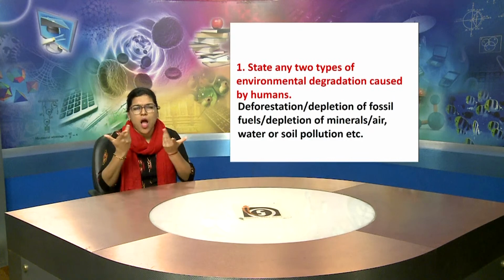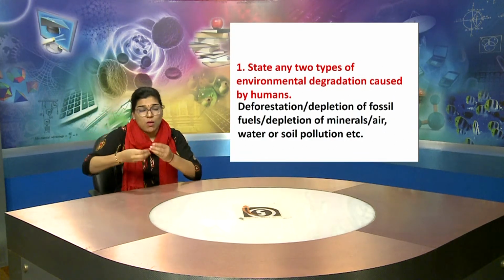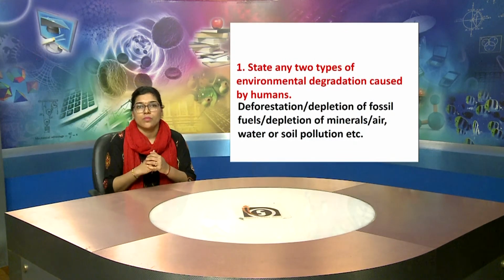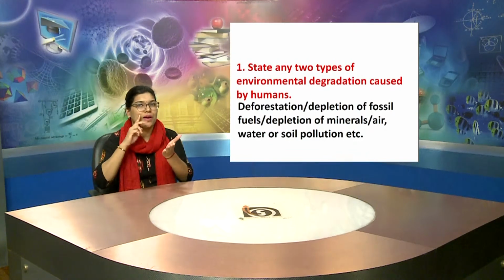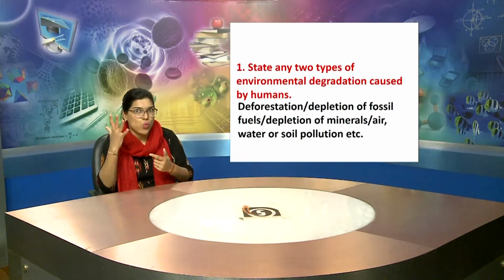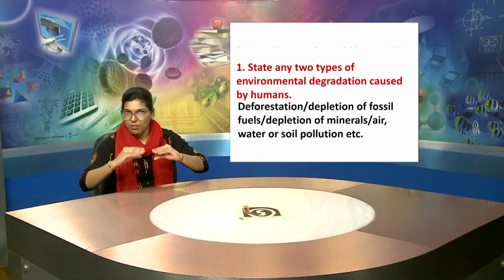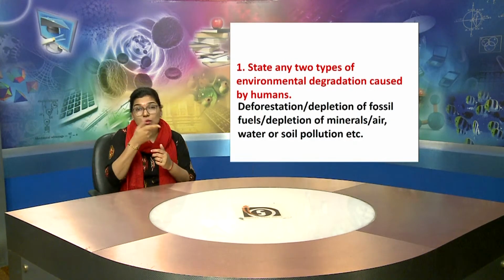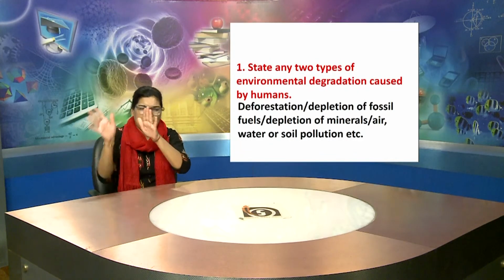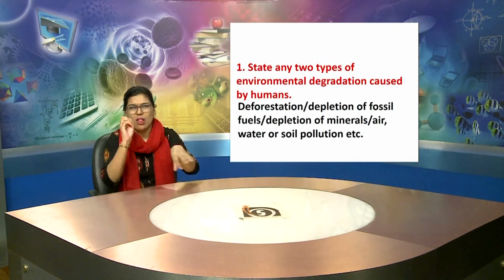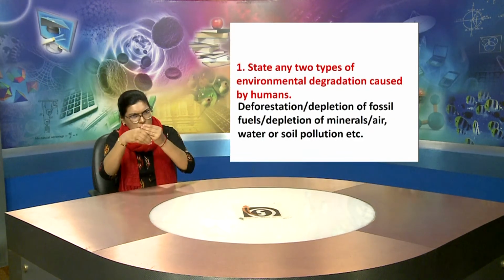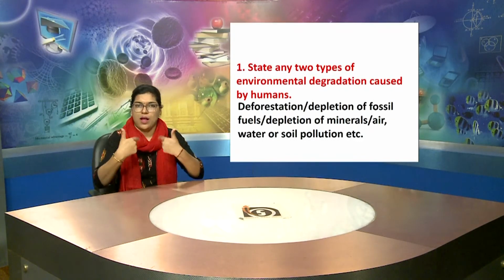So any two can be written, like deforestation, which is done by human. Then also the depletion of fossil fuel. This is also an environmental degradation act. Then depletion of minerals also, which is done by human. And then pollution of air, pollution of water, pollution of soil also. You have to mention any two points.